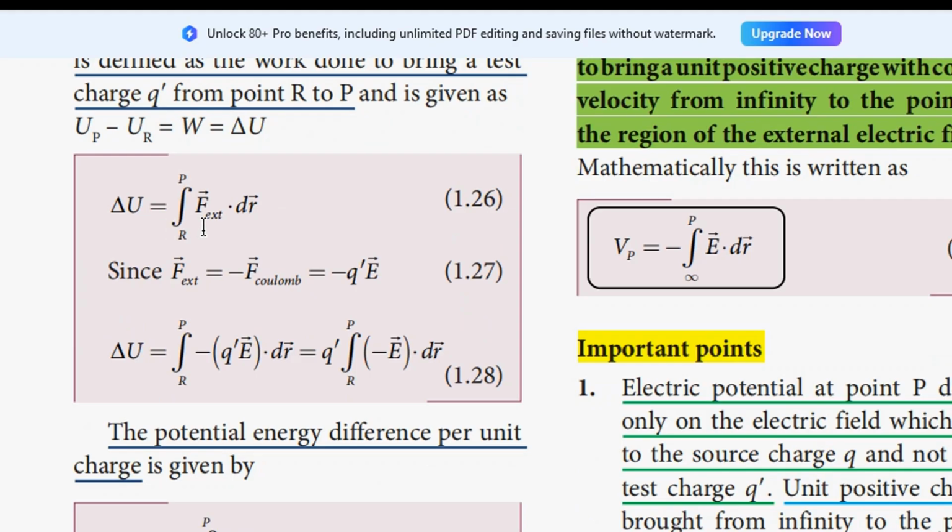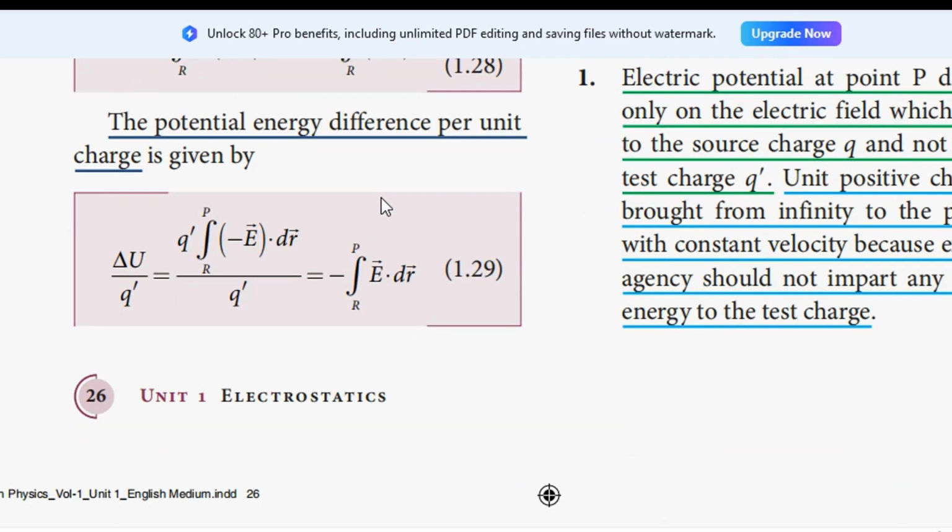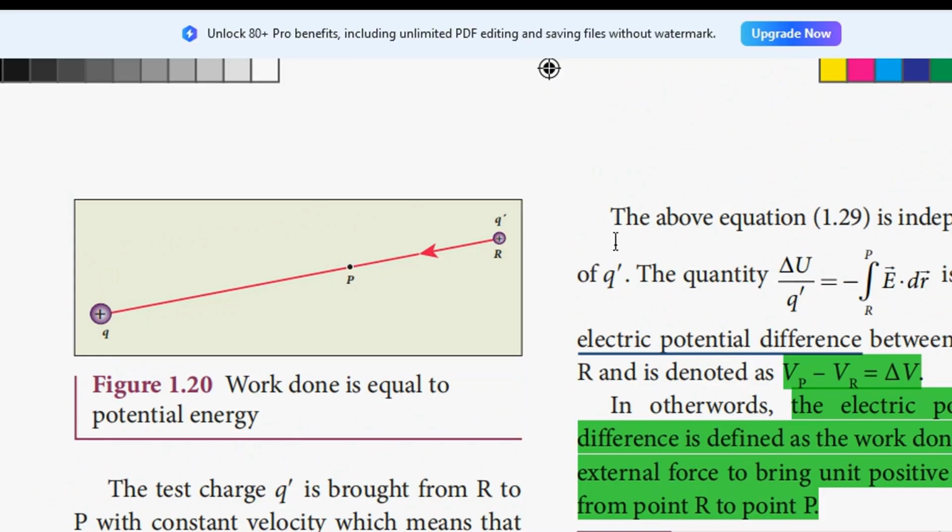And delta U is given by integral R to P F external dot dr, and here the external force is given by the negative of Coulomb force, given by minus Q dash times E. So the difference in energy is given by integral R to P minus Q dash E dot dr, that's equal to Q dash integral of R to P minus E dot dr. So the potential energy difference per unit charge is given by this equation 1.29, and the equation is independent of Q dash.